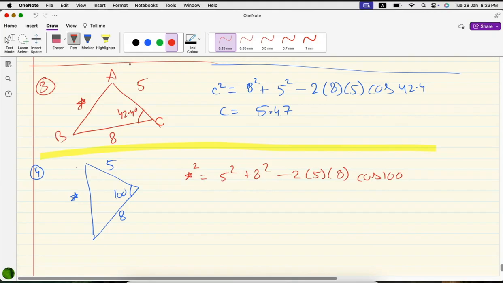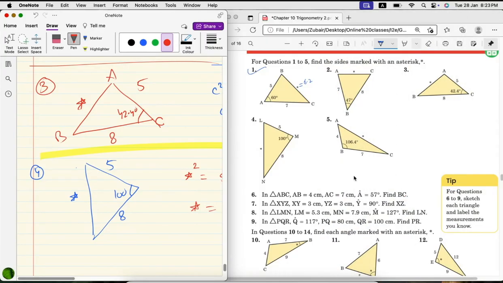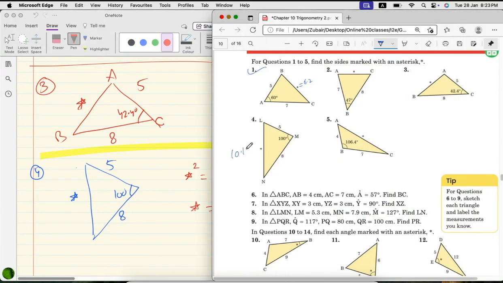So 10.14, correct. Very good. Missing side is 10.14. My calculator was stuck around. Ali, are we getting same answer? Yes, sir, 10.14.